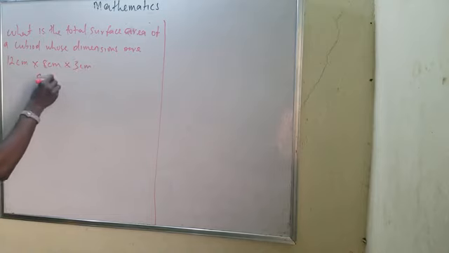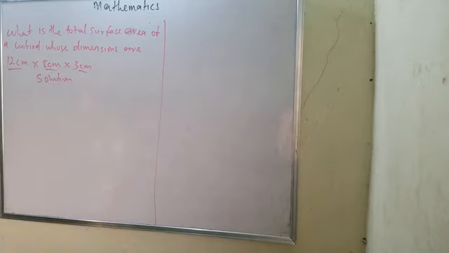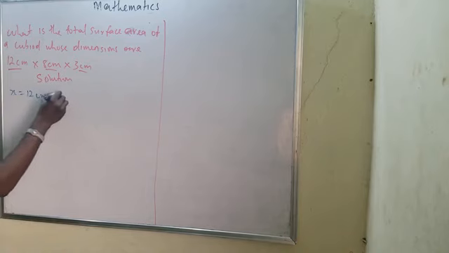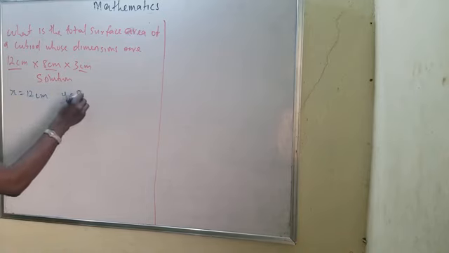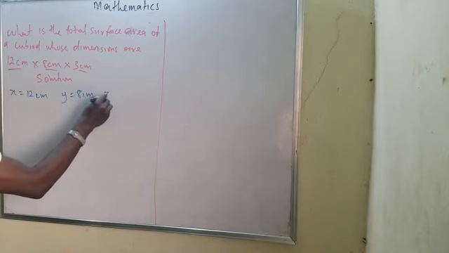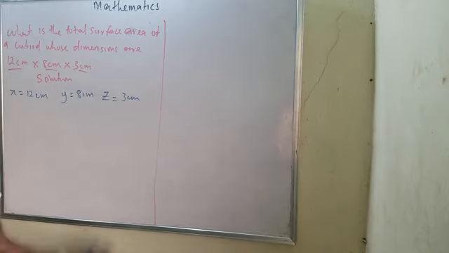Now, solution to this question. These are the dimensions. I'm talking about a keyboard. It means x equals 12 centimeter, y equals 8 centimeter, and z equals 3 centimeter. That is the meaning.